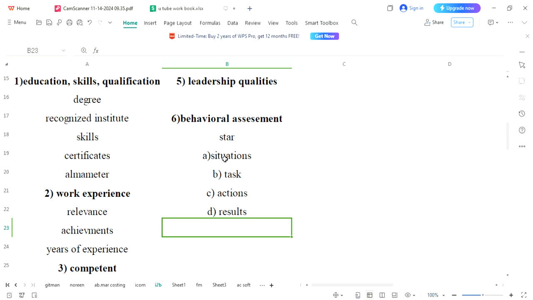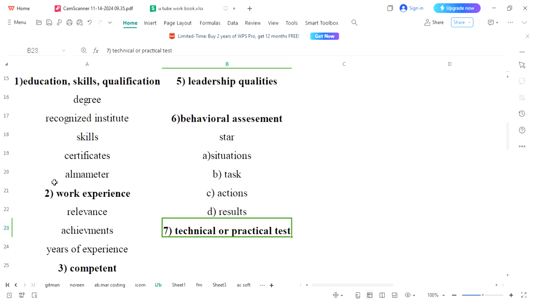So the candidate would automatically be considered as not favorable according to his behavior. Now, after number 6, we will see his technical or practical tests.